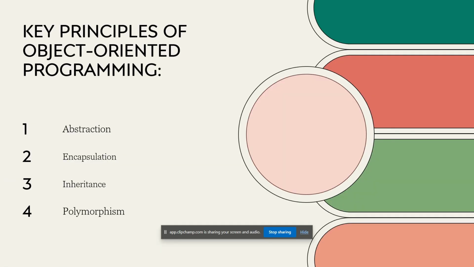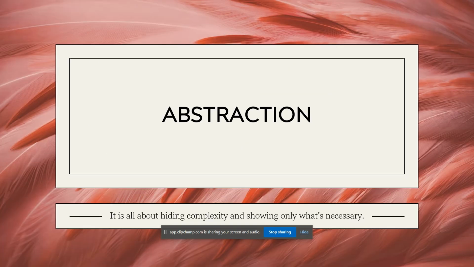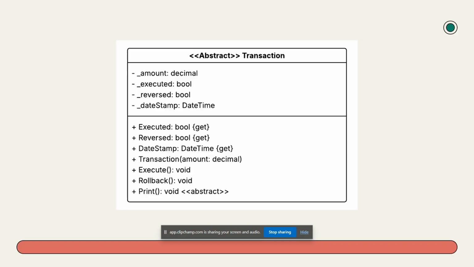Next, in my project, I have used all the four key principles of object oriented programming, that are abstraction, encapsulation, inheritance, and polymorphism. First one, I have abstraction. It is all about hiding the complexity and showing only what's necessary.